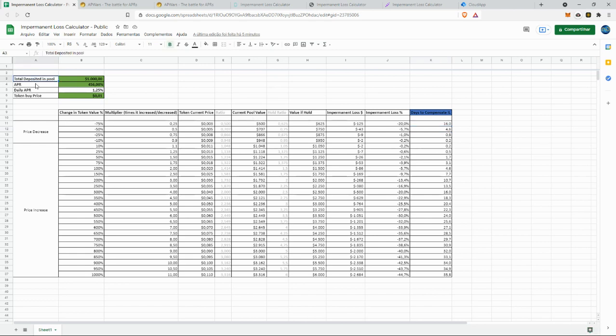Do not forget that this APR is non-compounded, so this is the worst case scenario that you will find. If you are able to compound your earnings, you will have fewer days to compensate for your impermanent loss. So these values are the max values that you would be getting should the APR stay the same or increase.